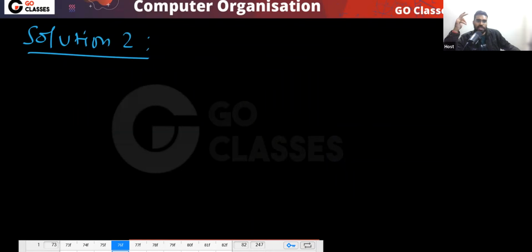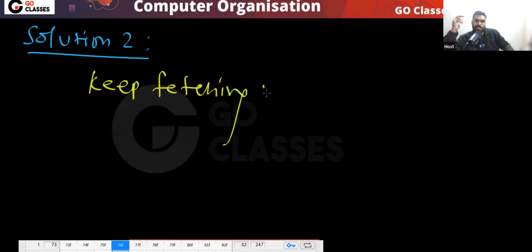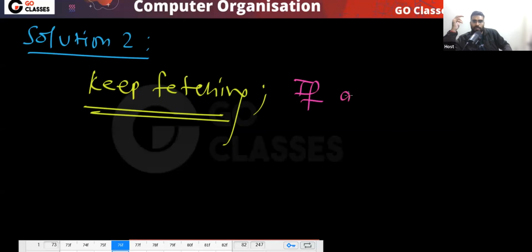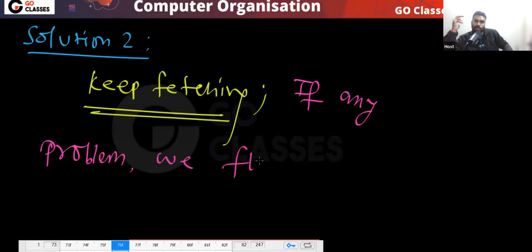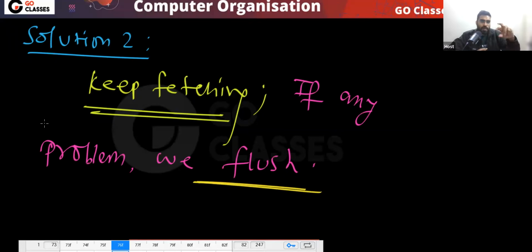Solution 2 is saying keep fetching. If any problem, we will flush. So tell me, in solution 1, after every branch instruction, 2 stalls are coming. Do you agree?